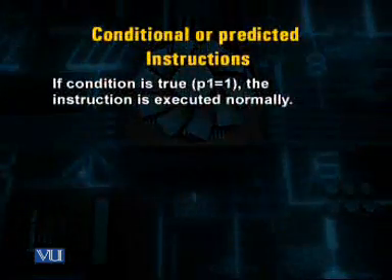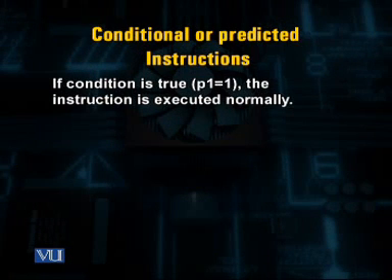Here, in this expression, the predicate register P1 is set to a value 1 if R2 is less than or equal to R1. Now, this basically represents that if the condition is true, that is P1 is equal to 1, then the instruction is executed normally.